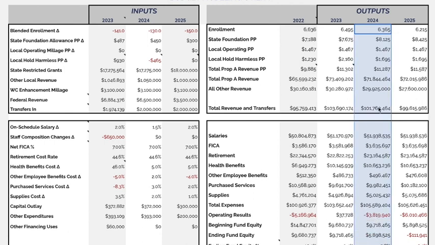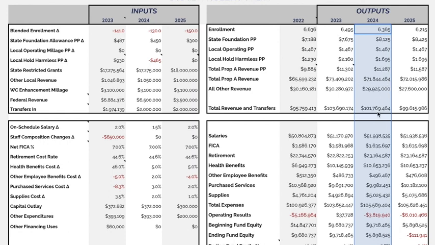You see the local operating millage staying flat. We see the local hold harmless getting back to its normal level, 1695, which means that the per pupil total of Proposal A revenue is basically flat from 23 to 24. And so that would mean that total Prop A revenue is down slightly.